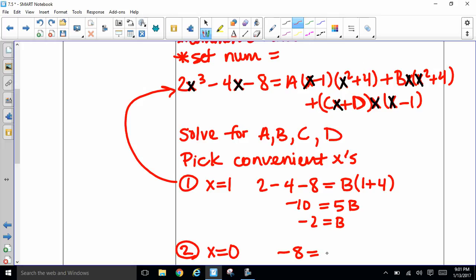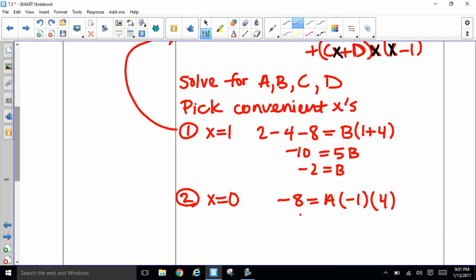But first term, I'm going to have a times 0 minus 1, so negative 1. 0 squared is still 0, but plus 4. So I see that negative 8 equals negative 4a. Divide by negative 4, 2 equals a.